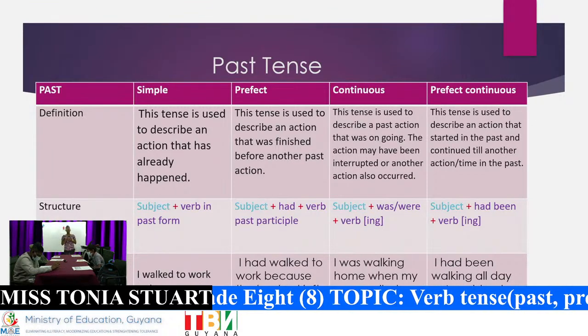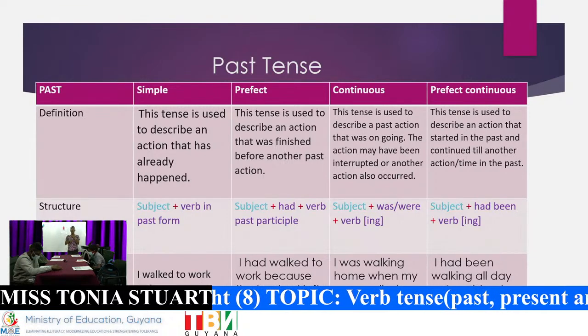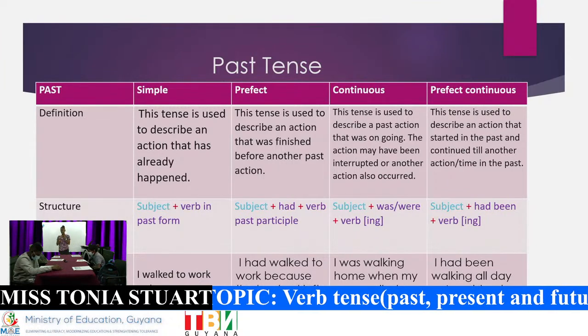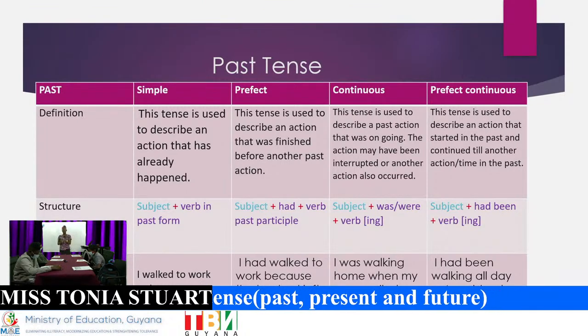And when we look at the structure of this, we're seeing subject plus had been plus verb ending in ing. I had been walking all day so I could get home. We understand that?